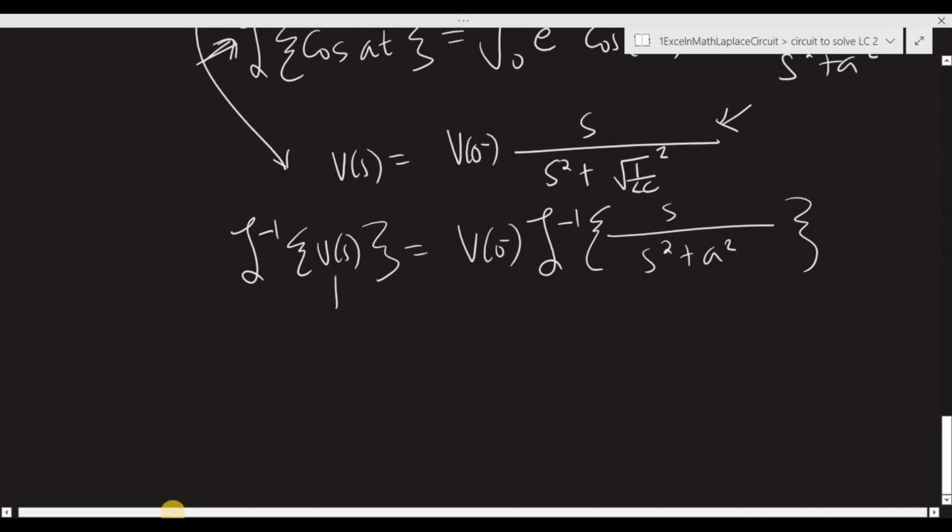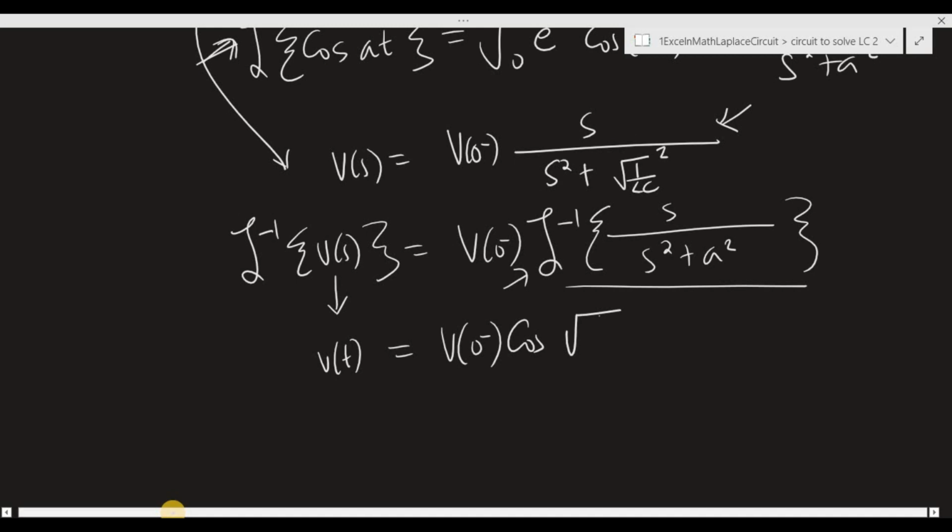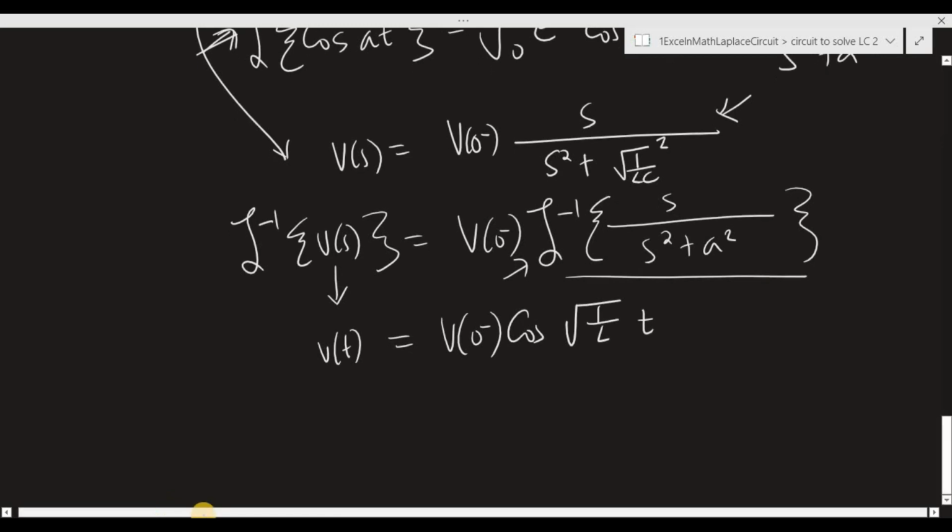Okay, so the inverse Laplace transform of V of S is simply V of t, and V0 minus, and the inverse Laplace transform of this expression here is simply equal to cosine of the square root of 1 over LC times t, and this is the equation for the voltage across the capacitor and inductor after flipping the switch.